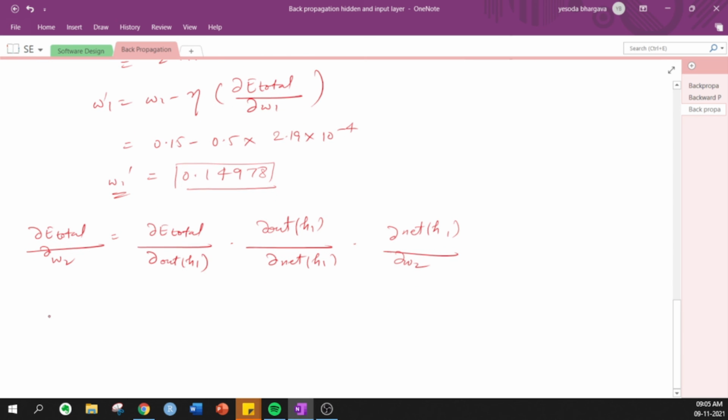And then the total error with respect to W3 is equal to, again here for each of these chain derivatives, you will have to further split the first terms. The rest is very easy.